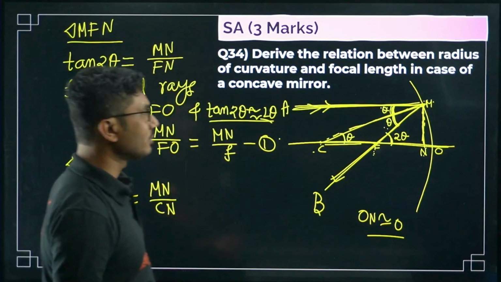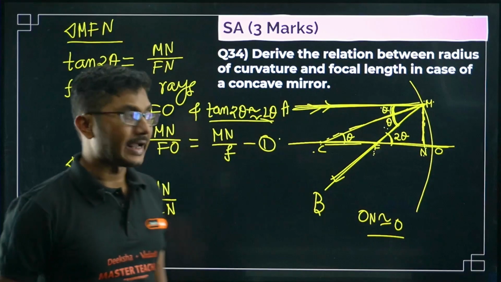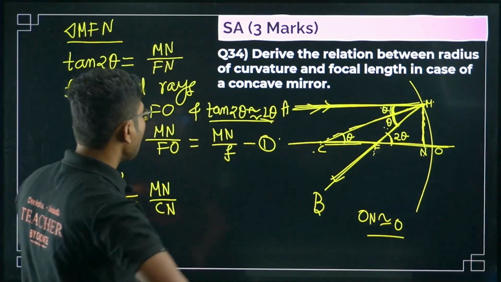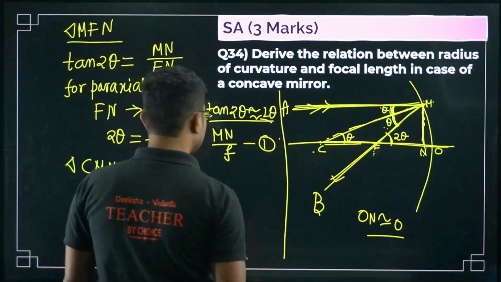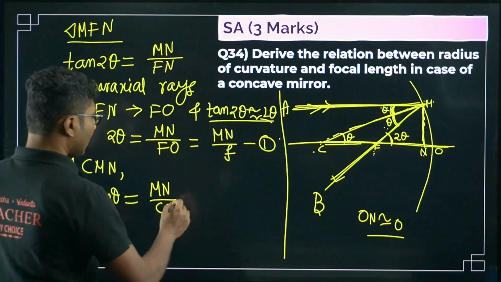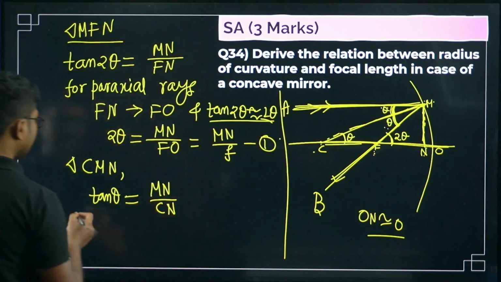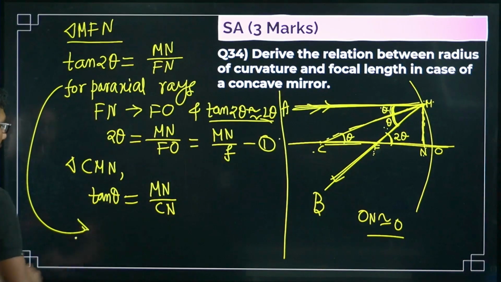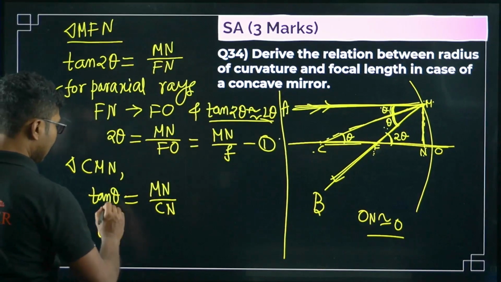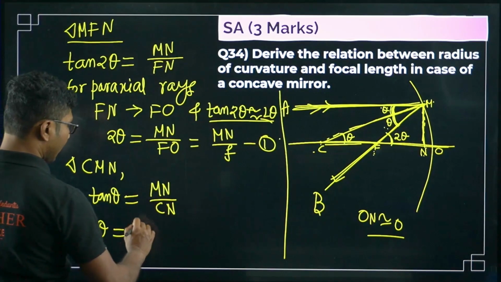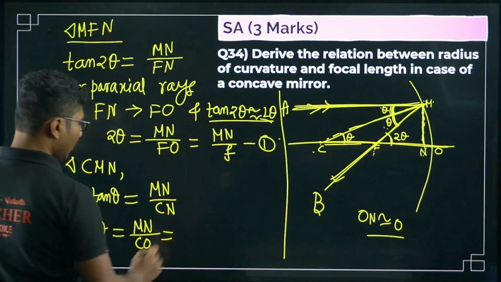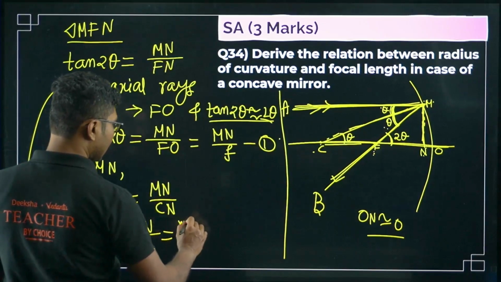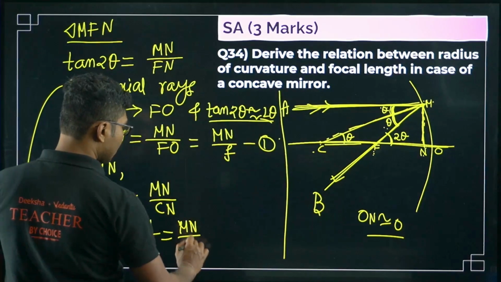There are a lot of books showing different diagrams, and students often get confused. If you are confused, don't attempt this derivation. This is a simple derivation, but some approximation is required. Again, for paraxial rays, theta equals MN by CO. Now CO is nothing but the radius of curvature, so that is R.